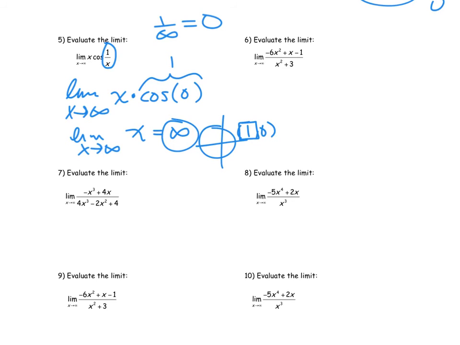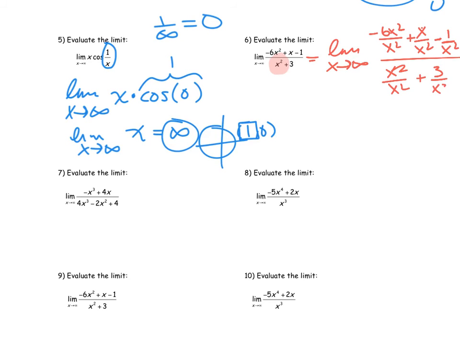Okay, let's take a look at exercise 6 here. So now we're taking the limit as x approaches infinity. So again, we're going to divide everything out by that x squared. So I'll rewrite the limit as x approaches infinity of negative 6x squared over x squared plus x over x squared plus, minus 1 over x squared, all over x squared over x squared plus 3 over x squared.